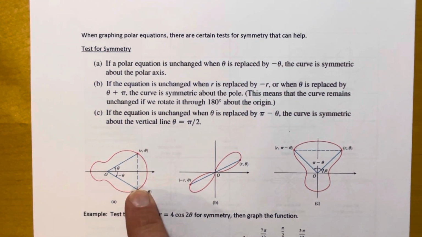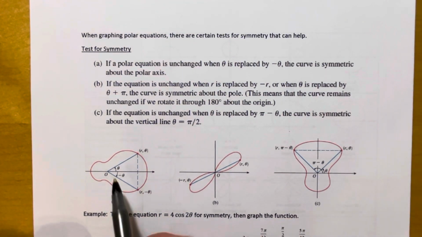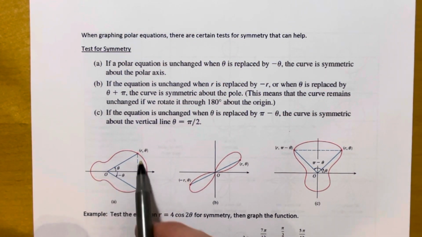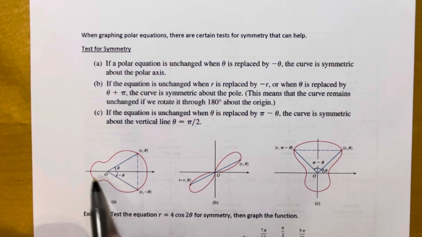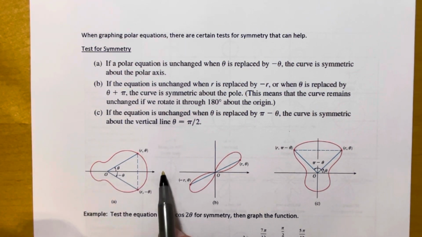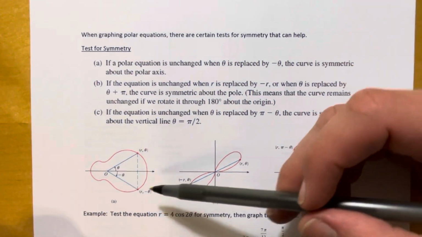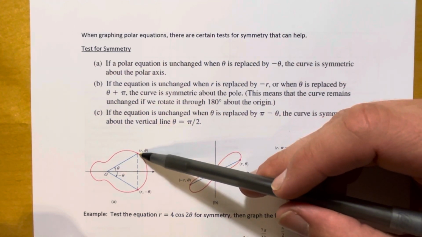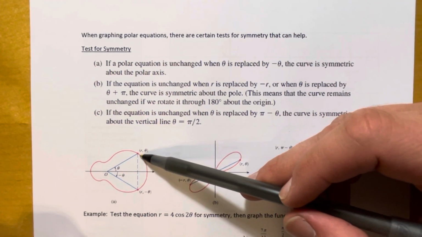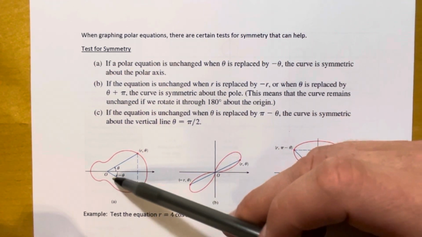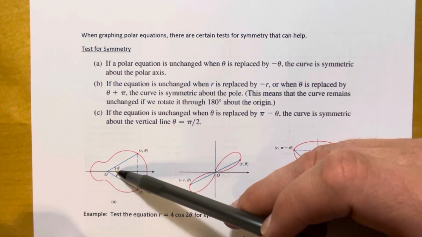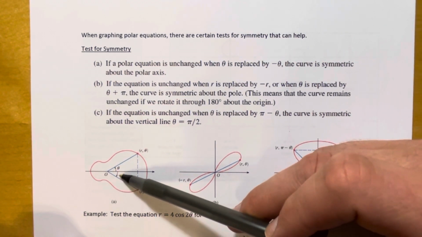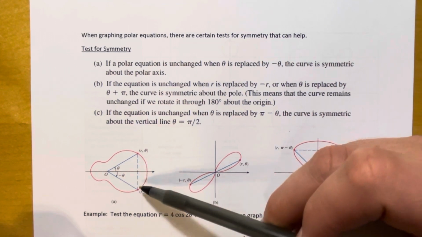And this image here illustrates why. So you can see that this pear-shaped curve here appears to have symmetry about the polar axis. And if you compare points, say for example (r, theta), if you replace that theta with a negative theta, then it takes that same angle but measures it clockwise from the polar axis instead of counterclockwise.